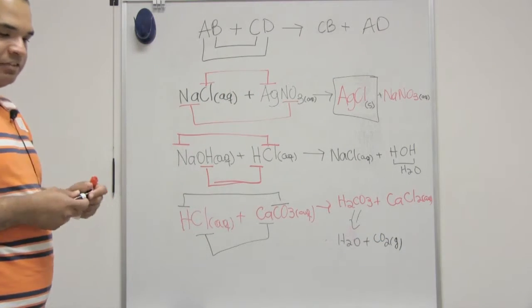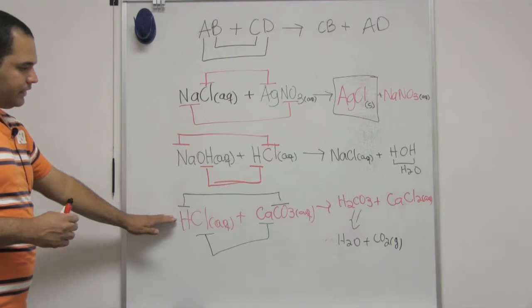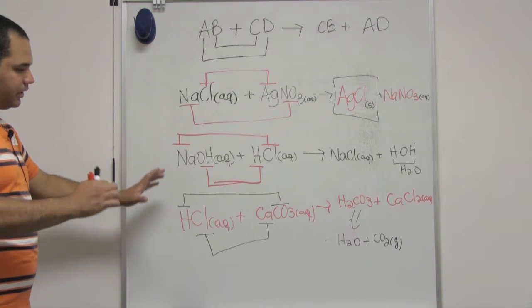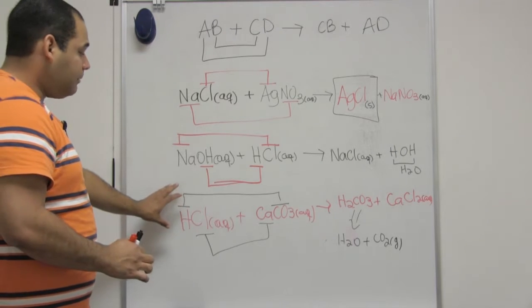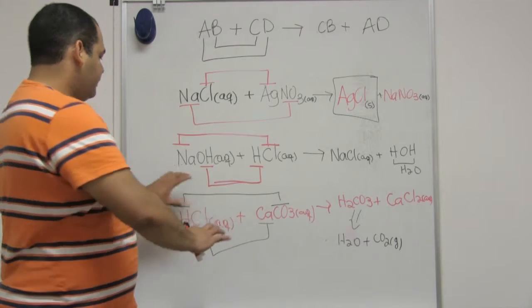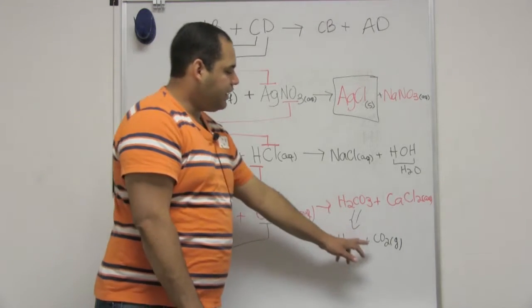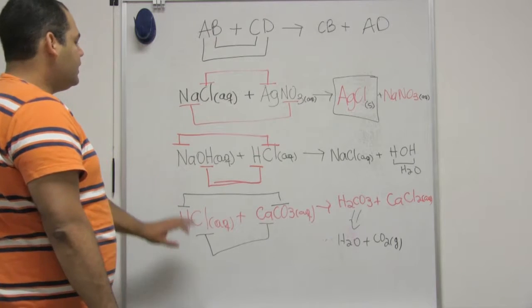So the gas evolution reaction, basically we have two aqueous reactants, two compounds, and they do double replacement, A combined with D and B combined with C, and here we have some gas being produced.